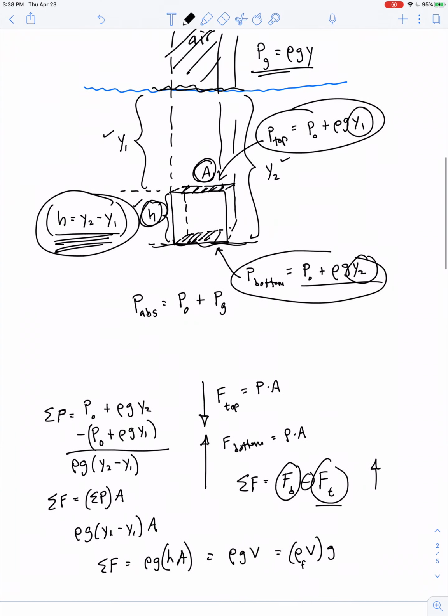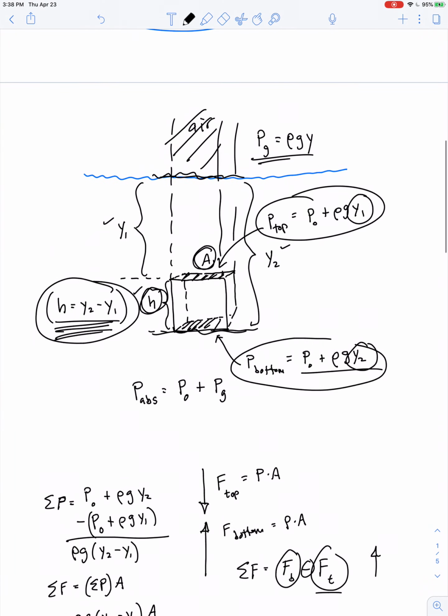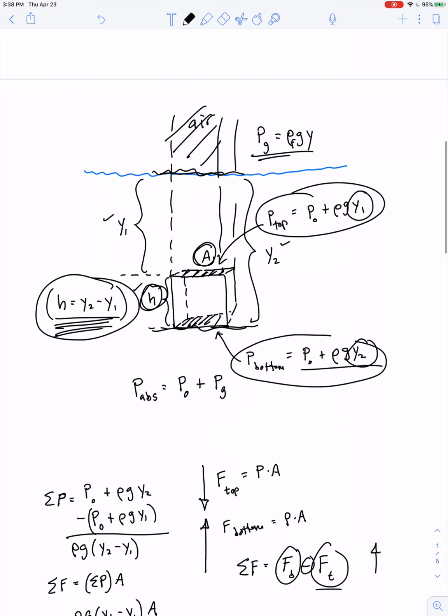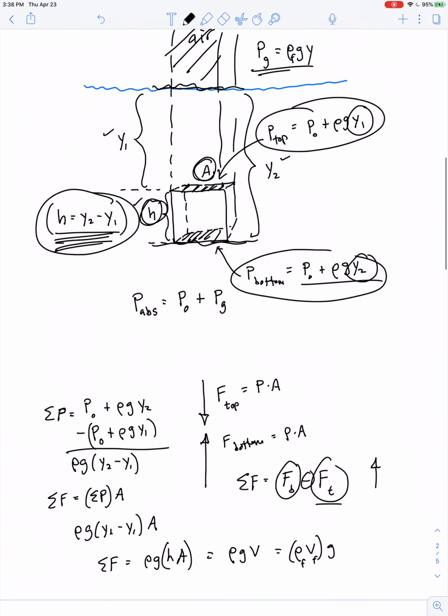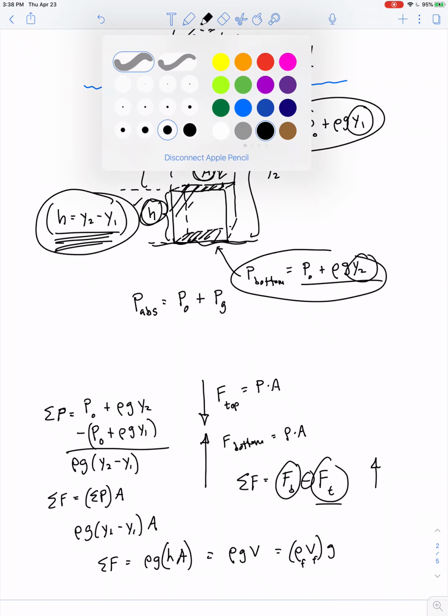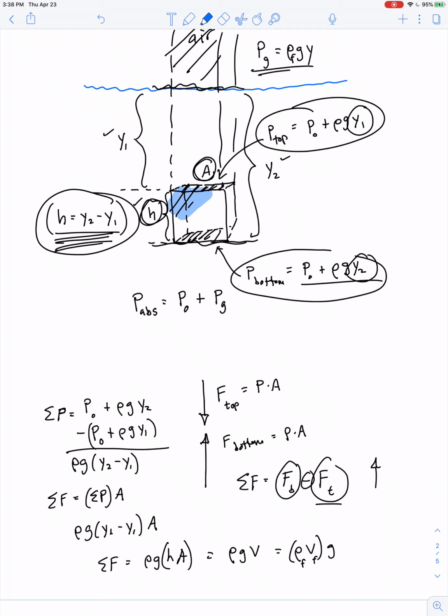In all these cases, gauge pressure is due to the density of the fluid. So here we have the density of the fluid. The volume is really the volume of this block, but the block is displacing, since it's fully submerged, a volume of fluid equal to its own volume.